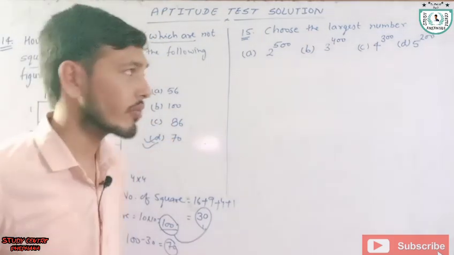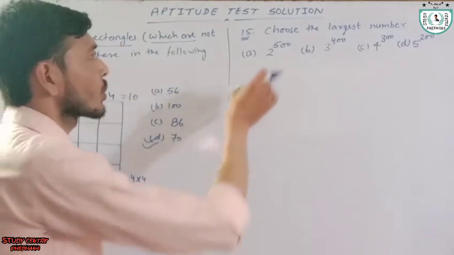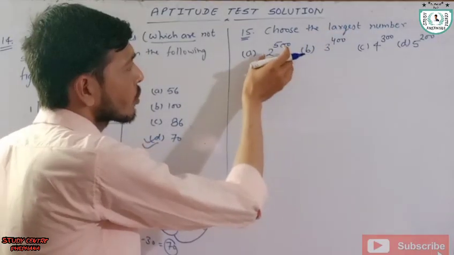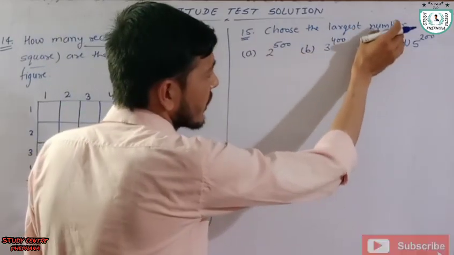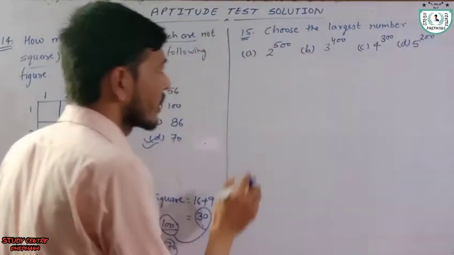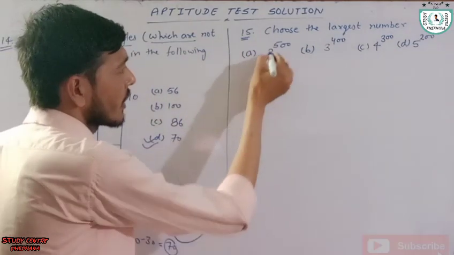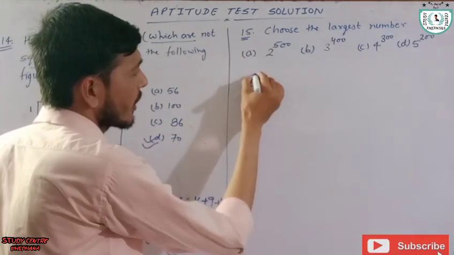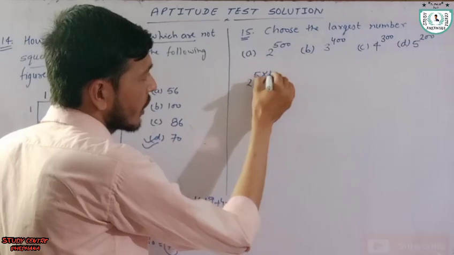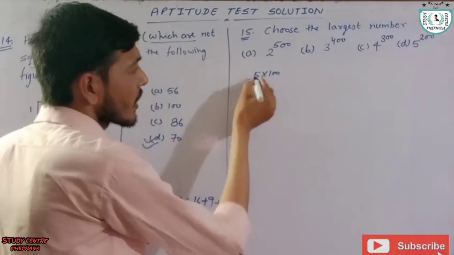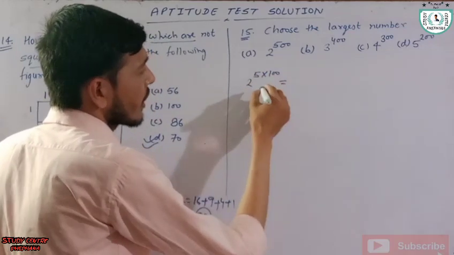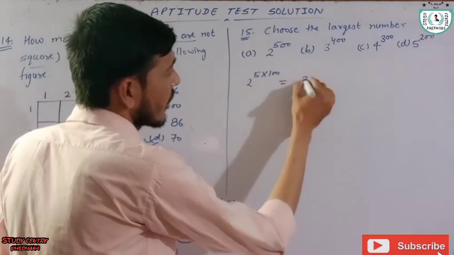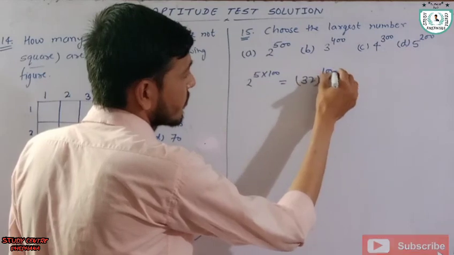Okay, next question. Choose the largest number. We have 2 raised to power 500, 3 raised to power 400, 4 raised to power 300 and 5 raised to power 200. I can write 2 raised to power 500 as 5 into 100, and after this I can say 32 raised to power 100.